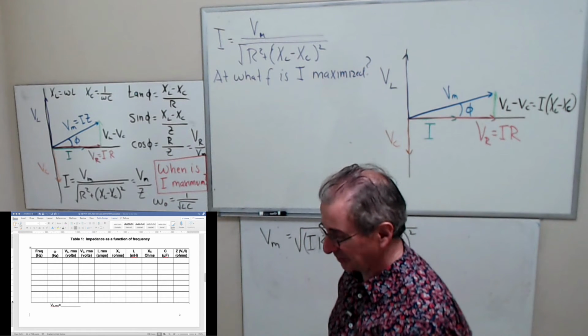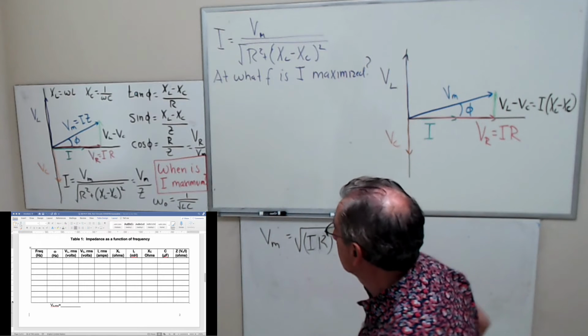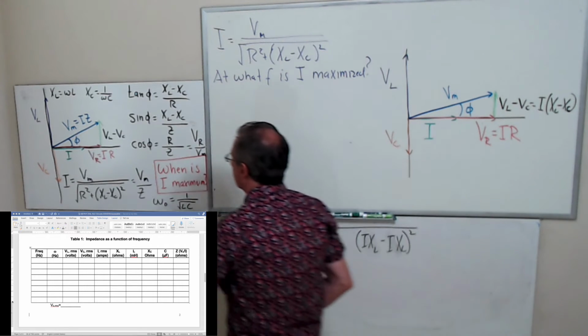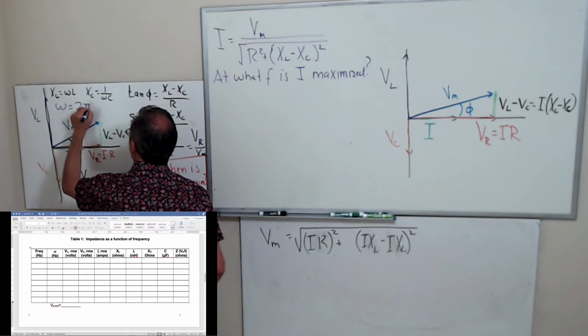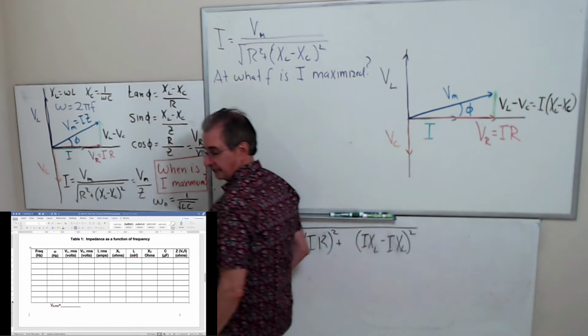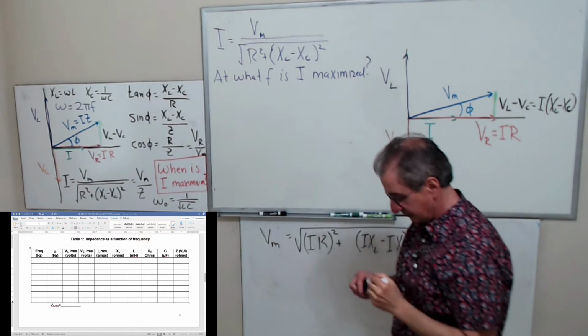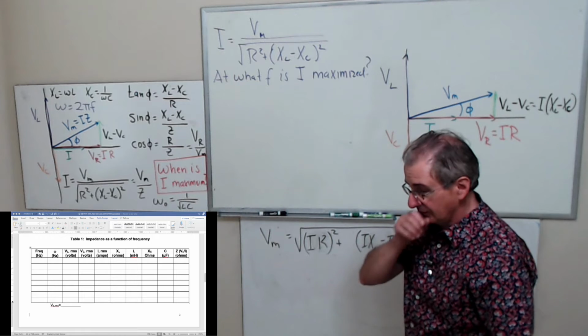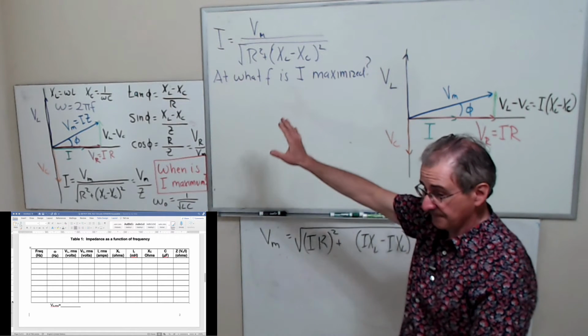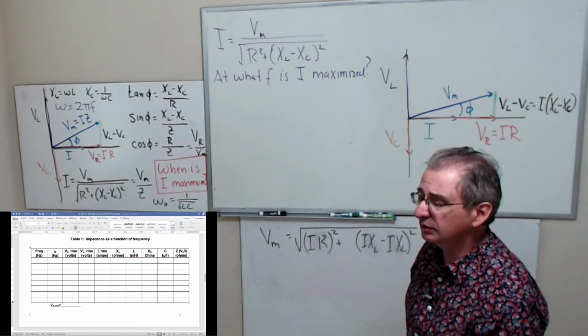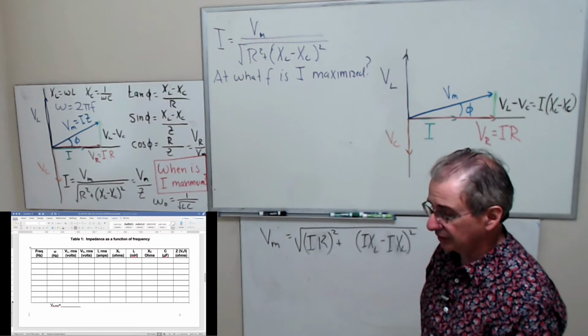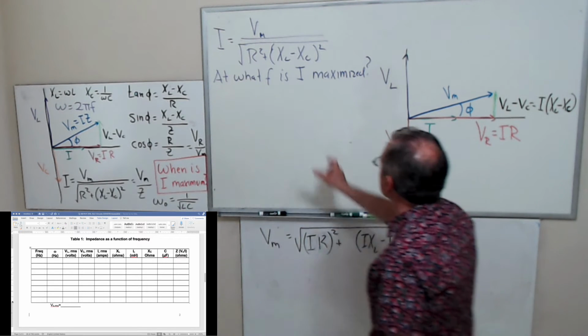Of course, if you were in calculus class, what would you do to figure that out? You would take the derivative of that function with respect to omega and set it equal to 0. But we don't need to do that because it should be pretty obvious.